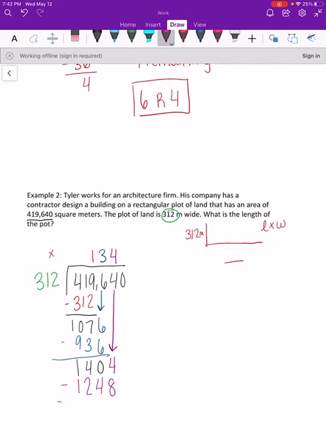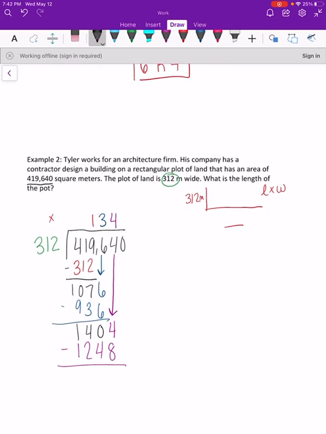So I'm going to subtract 1,248. And let's see, I get 4 minus 8. We can't do that, so we have to do 14, and then we're going to have to borrow from here. That would have been a 10. Now it's going to be a 9. But we're going to have to borrow from over here, which is a 3. 14 minus 8 is 6. 9 minus 4 is 5. 3 minus 2 is 1. 1 minus 1 is 0. And then last but not least, we're going to drop down this 0 here.